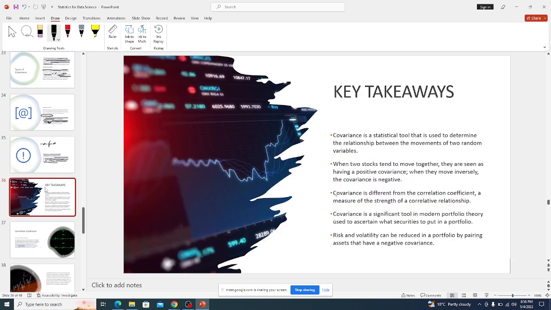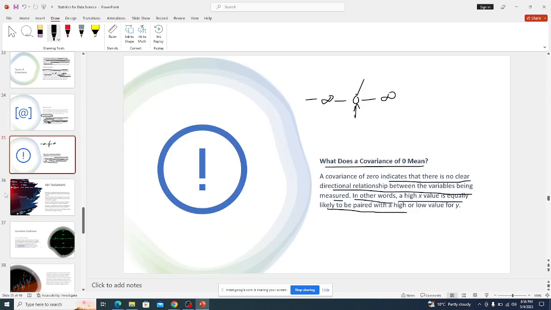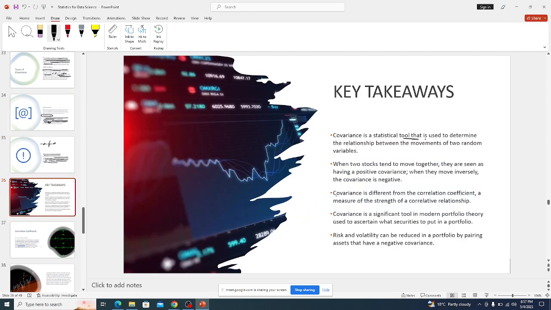So, some takeaways, then I will allow you to ask questions or to contribute. Covariance is a statistical tool used to determine the relationship between the movements of two random variables. When two stocks tend to move together, they are seen as having positive covariance.